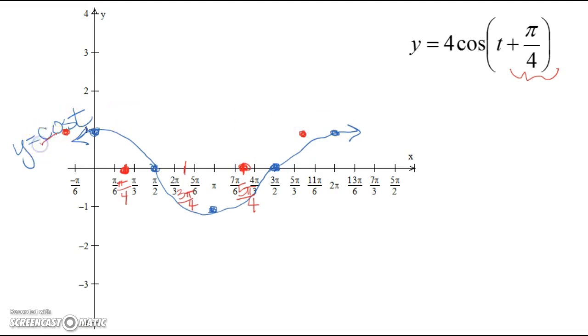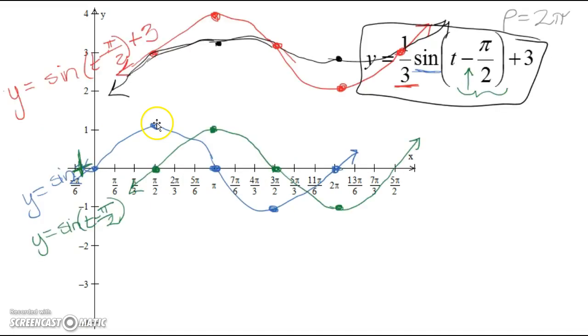So now this function looks, I'm going to have a minimum there, come back up to a 0 here, and go back up to a maximum there. So now this would actually be the graph of the function y equals cosine of t plus pi over 4.